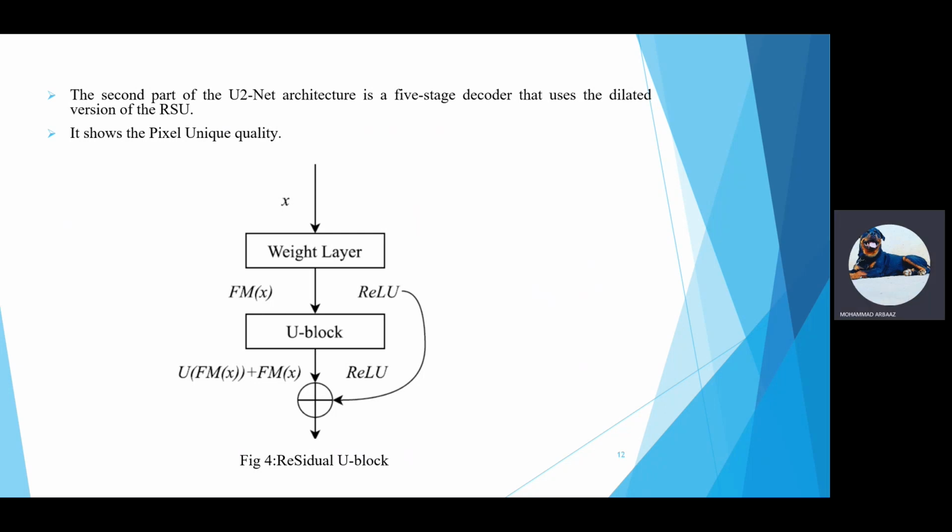If an identity mapping were optimal, it would be easier to push the residual to 0 than to fit the identity mapping by a stack of non-linear layers. First, the weight layer will be directly sent to the activation function ReLU. Then the weighted layer will be added with ReLU. This is a residual U block diagram.